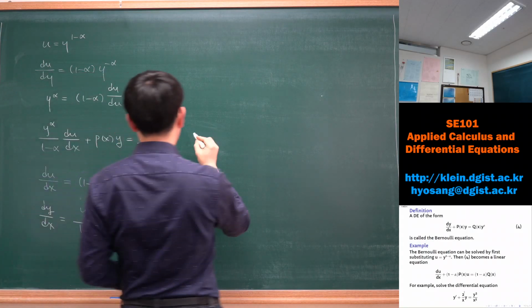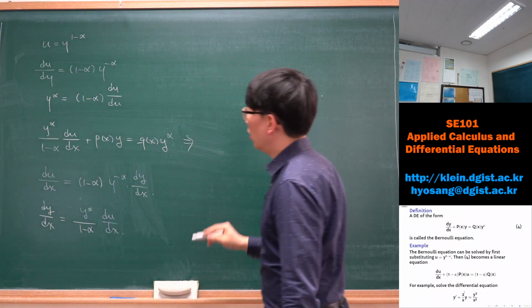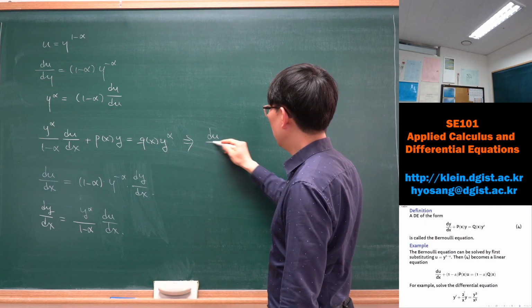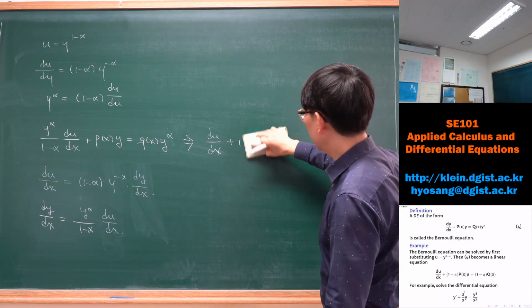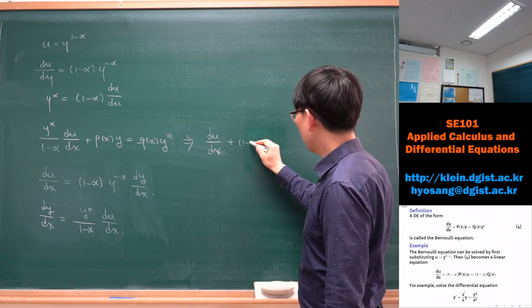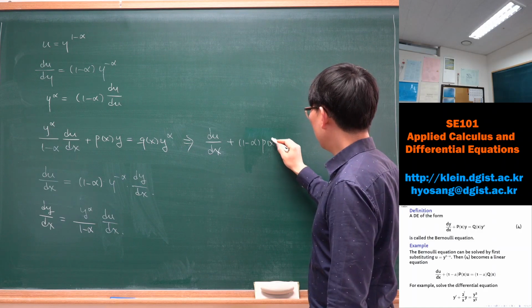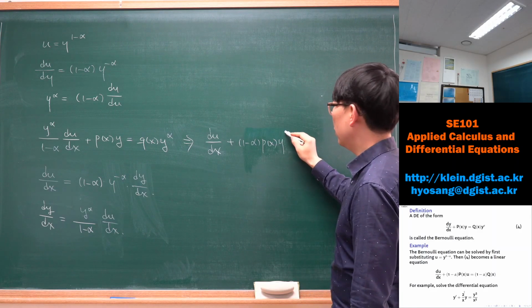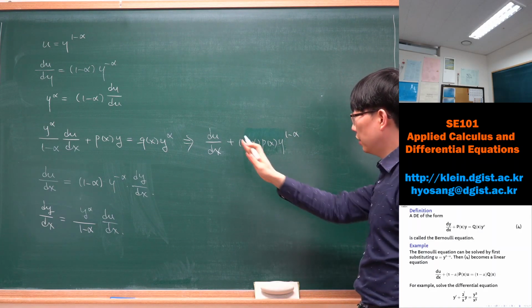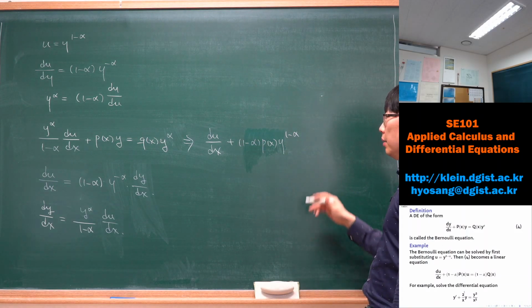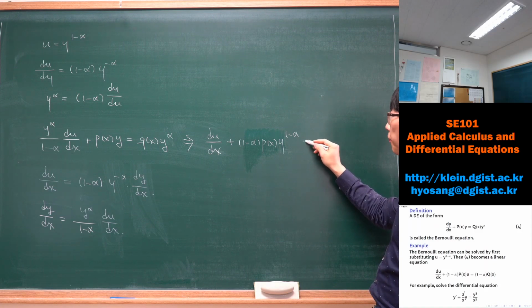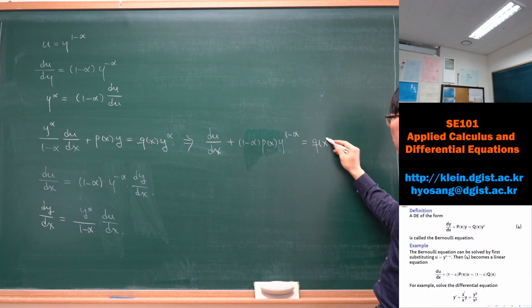So this equation now becomes du dx plus (1 minus alpha) p(x) times y to the 1 minus alpha, because I'm taking the y to the alpha into the denominator, equals (1 minus alpha) q(x) on the right-hand side.